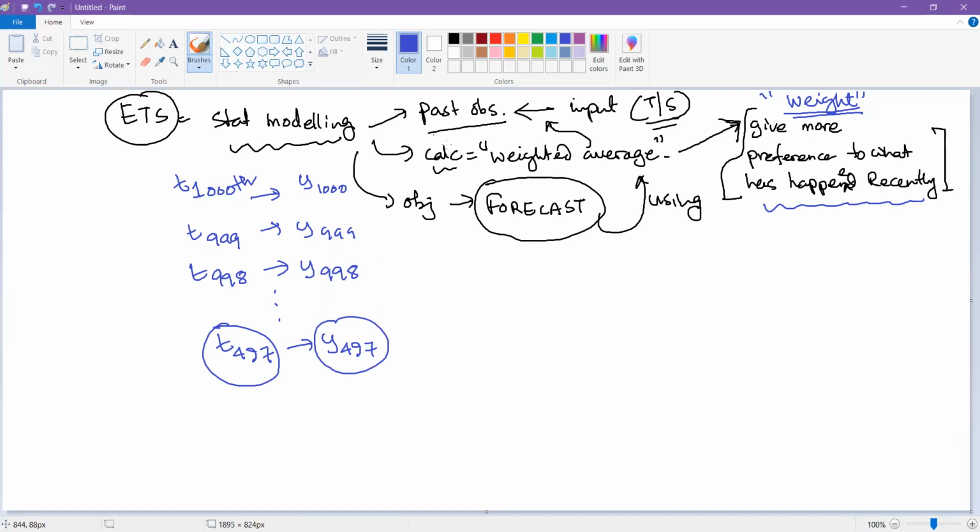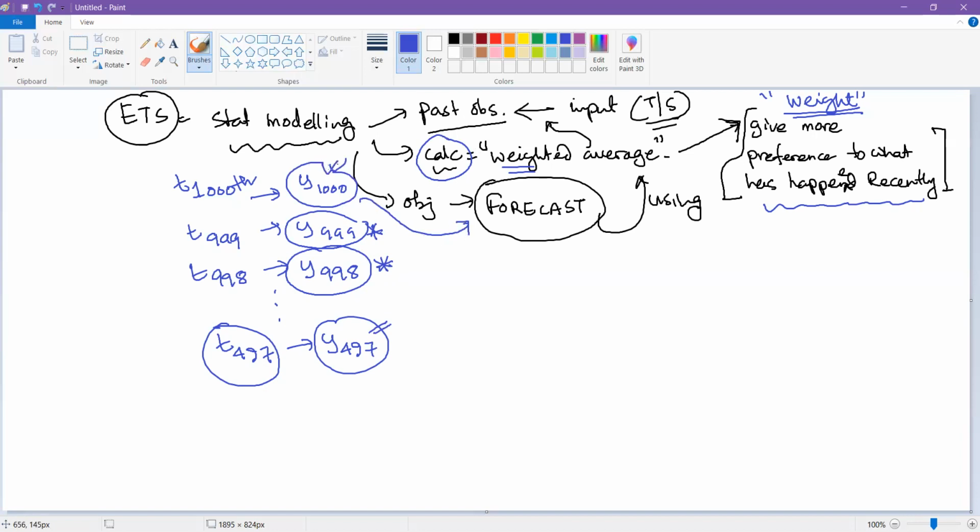Now, this method of taking weighted averages gives more weight to y999 or y998, which I'm going to mark with asterisks, rather than y497, provided this is what I'm trying to forecast.